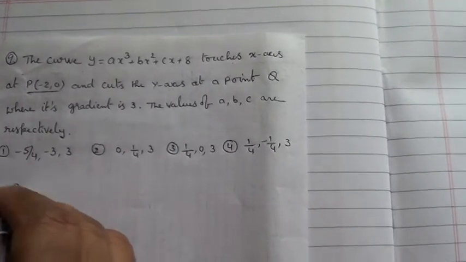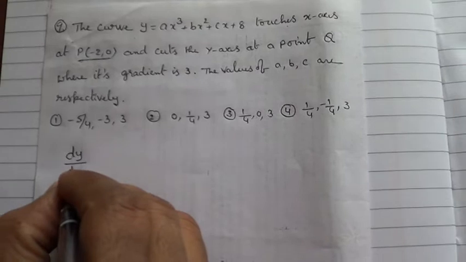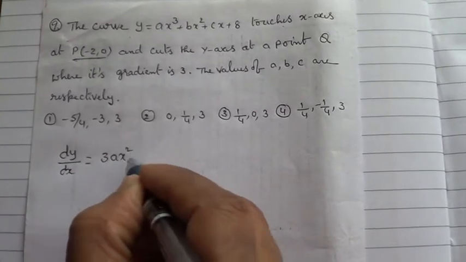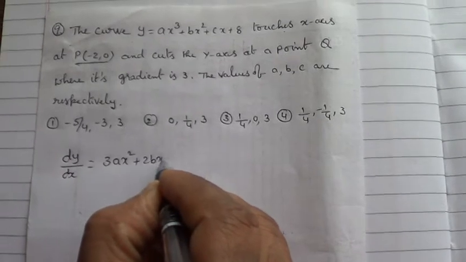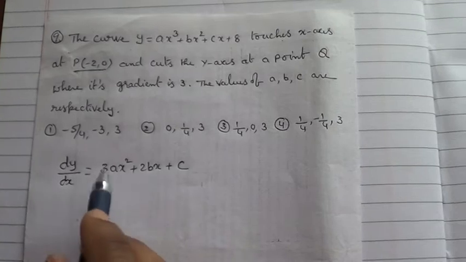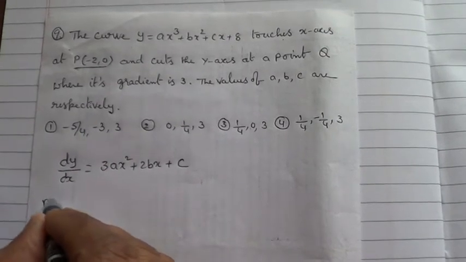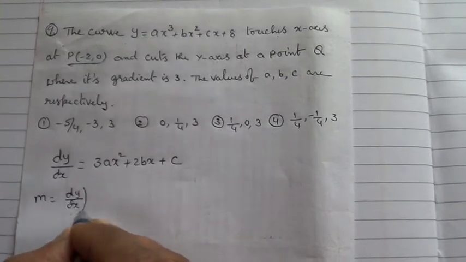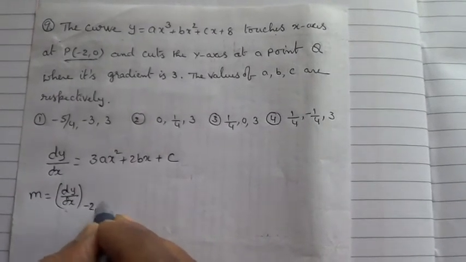That's why differentiate. dy by dx is equal to 3ax square plus 2bx plus c, that is the differentiation. At (minus 2, 0), slope is equal to dy by dx at (minus 2, 0).